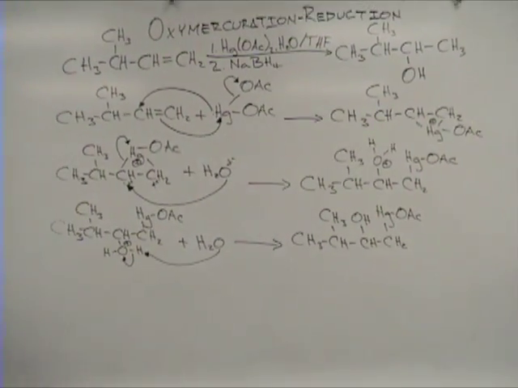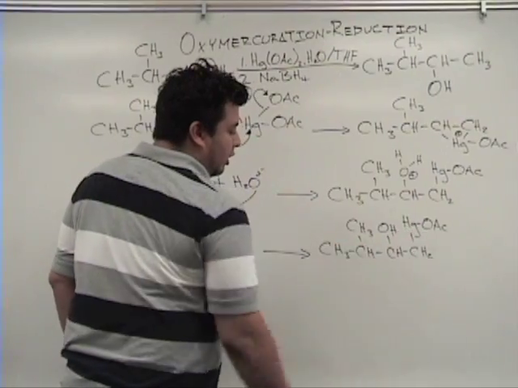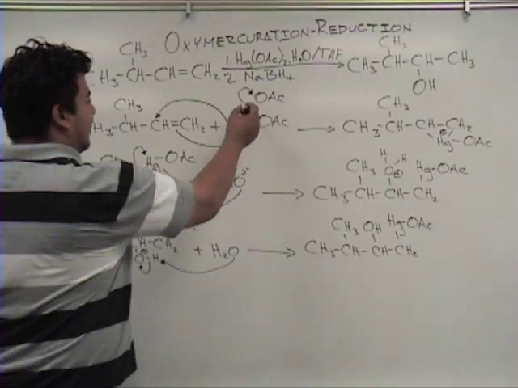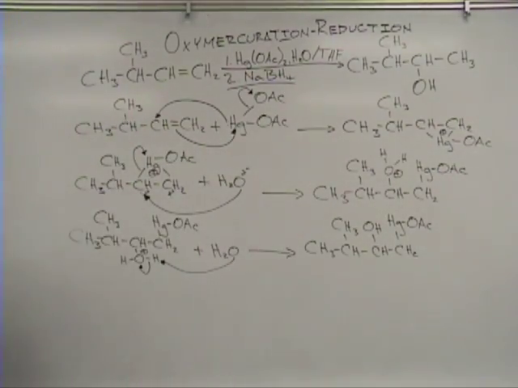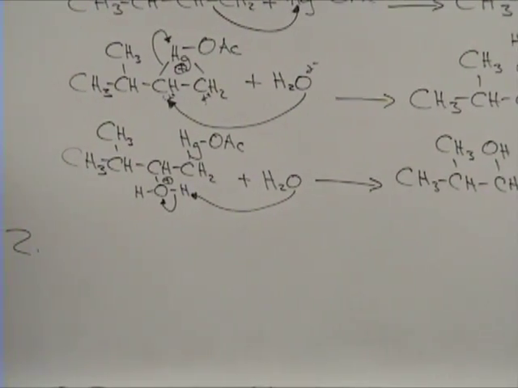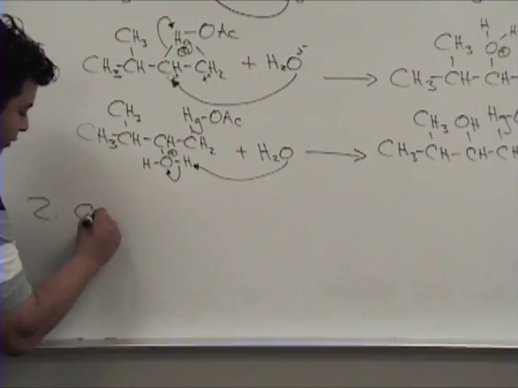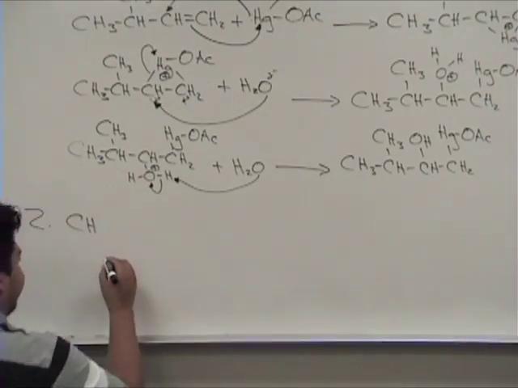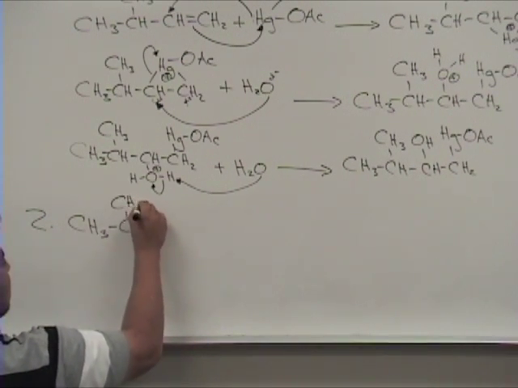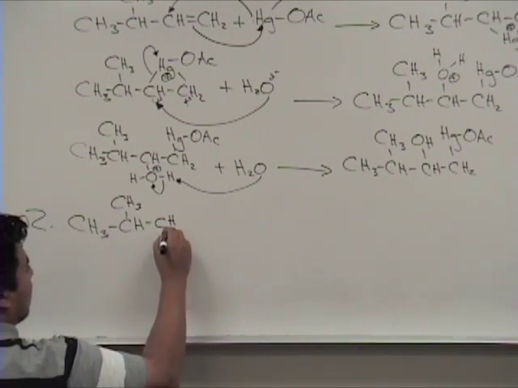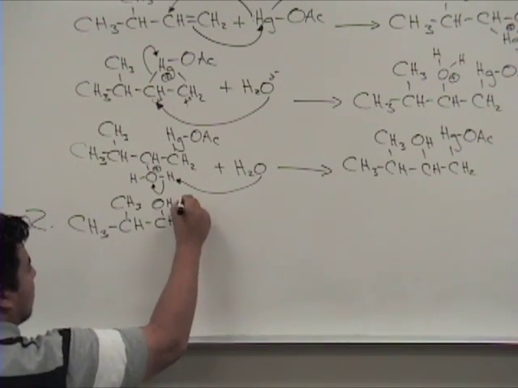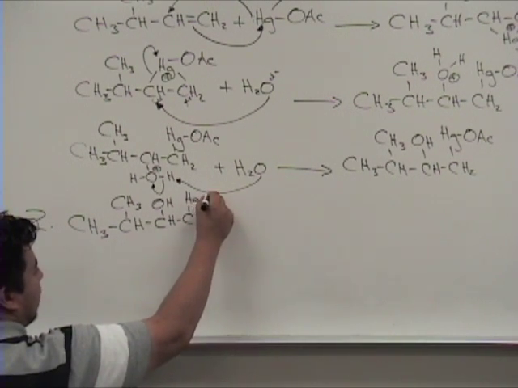So now we have to take out this bulky group and we have to add another hydrogen there, and we know that this is the reduction part of the mechanism, and we just write it. We can write the 2 here, and then we'll write the molecule, that molecule right there, Hg and OAc.